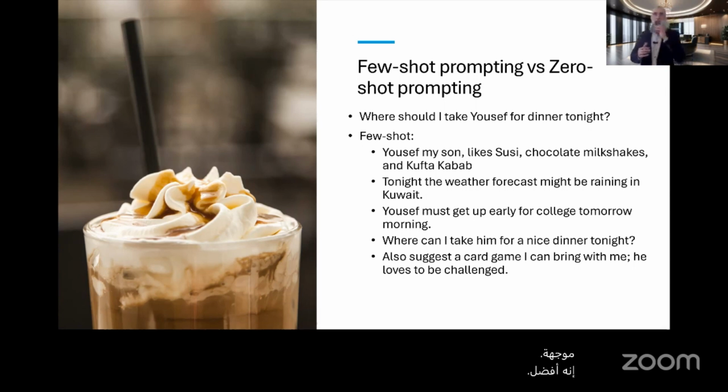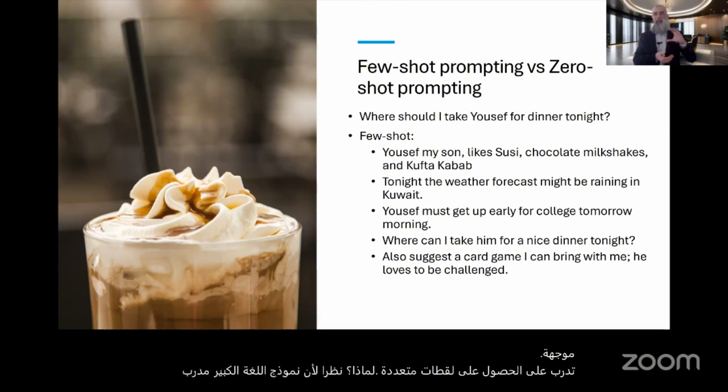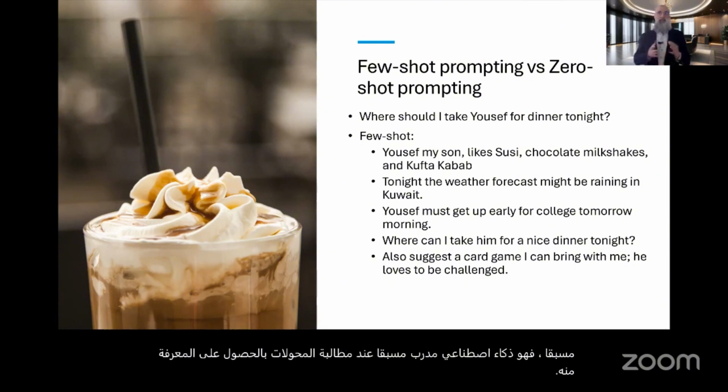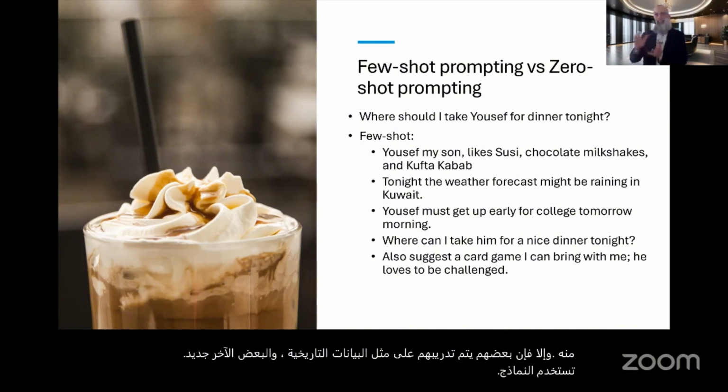Why? Because the large language model is pre-trained. It's a pre-trained artificial intelligence that uses transformers to get the knowledge out of it. Most of them are trained on historical data. Some new models are using live data, but it is limited and restricted.